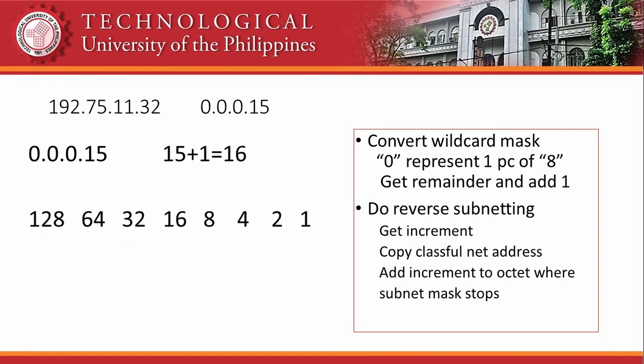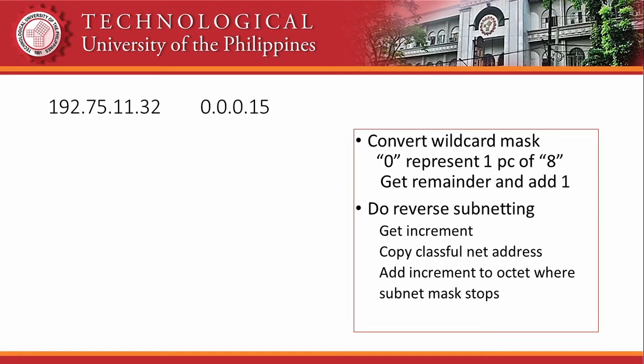Diba kanina nung kumukuha tayo ng wildcard mask, yung multiple of 8 natin automatic magiging 0. So basically, kapag may nakita ka ng 0 sa wildcard mask mo, automatic 8 na yon. So we have tatlong 8, plus kung pang ilang bit yung 16, so 8 plus 8 plus 8 plus 4, so, ang subnet mask natin would be /28.